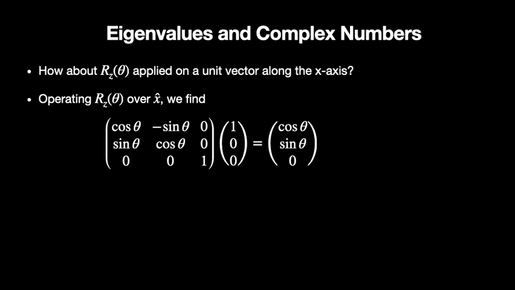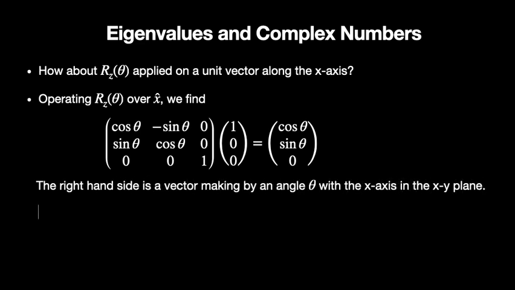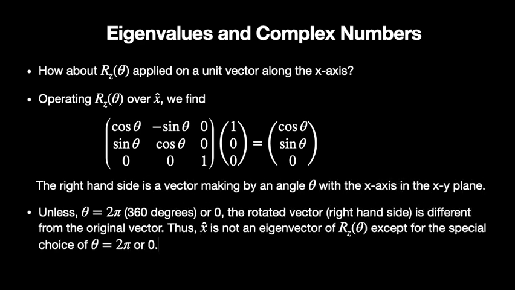And this makes sense because whenever we were studying two-dimensional rotations, or rotations in the xy plane, we were assuming that this kind of rotation is a rotation about the z-axis when the angle theta is measured about the x-axis. So what we find from this relationship is that unless theta is 2 pi, which is 360 degrees, or theta is just 0, which is no rotation at all, the rotated vector represented by the column cosine theta, sine theta, 0 is no longer the same as the original x hat vector.